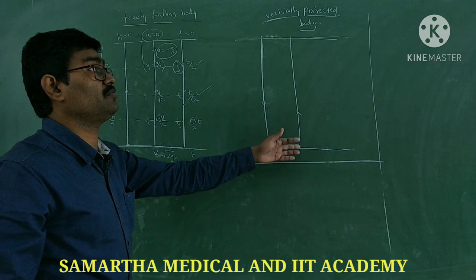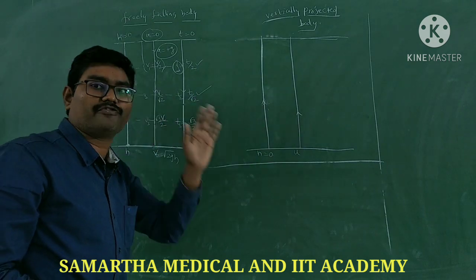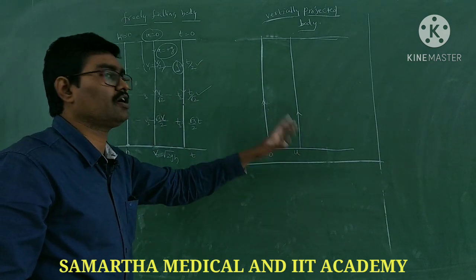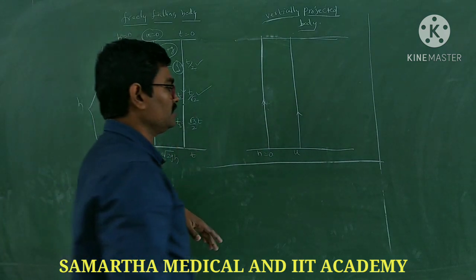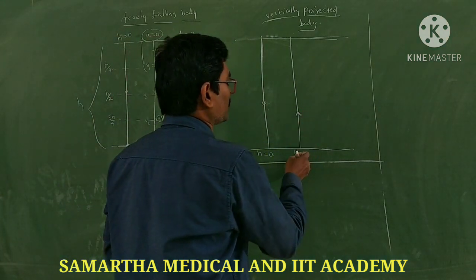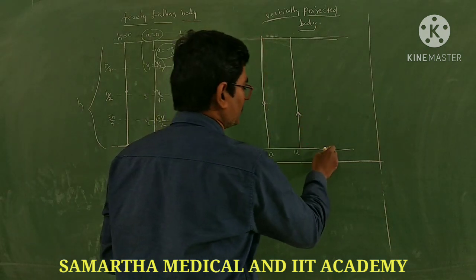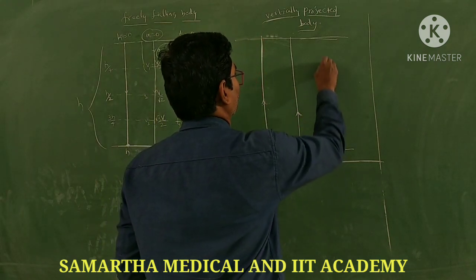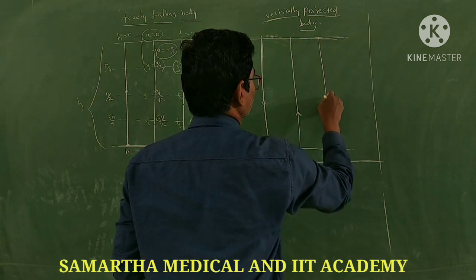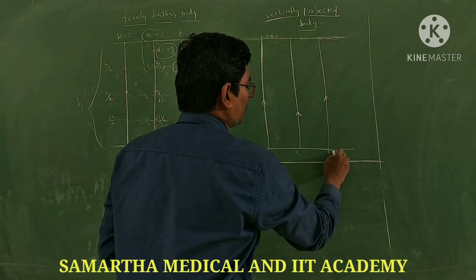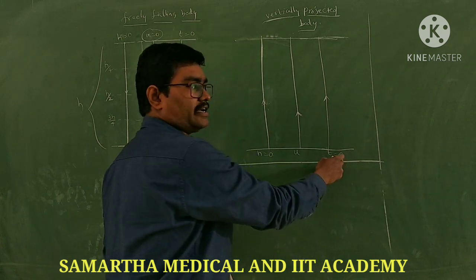Then only a body will move in upward direction. If the initial velocity is 0, the body will not go up. Keep it in mind. Right? So you are giving some initial velocity to go in upward direction. Next. Here t is equal to 0 at the starting time.